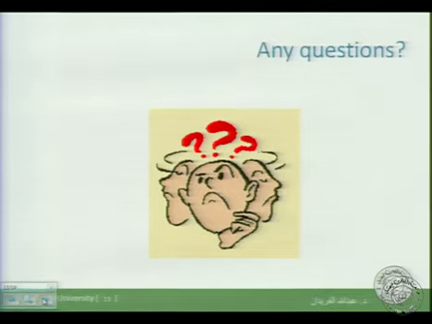Should we use this structure or should I use the other structure? You can refer to the book and then you will find the answer, because I think this book is very comprehensive of the basic English grammar.